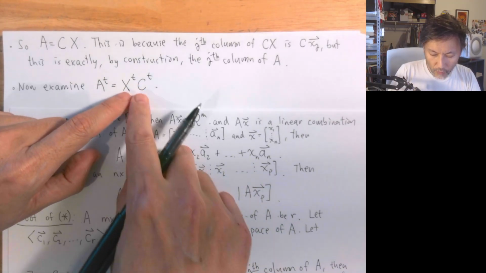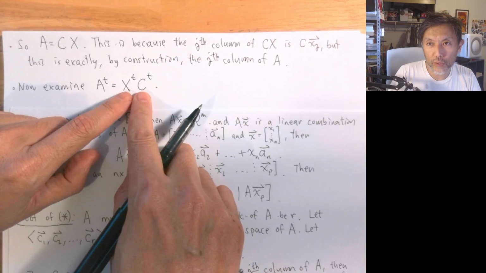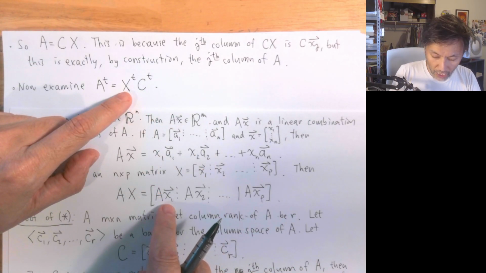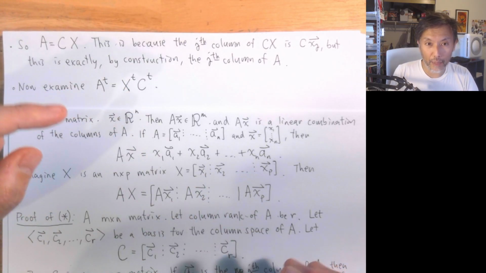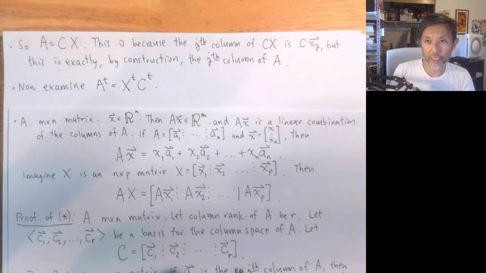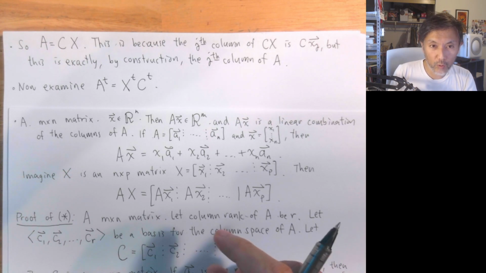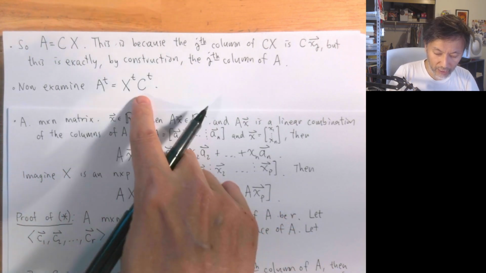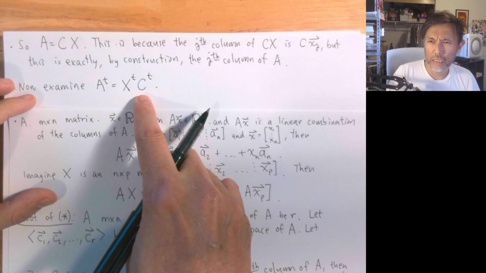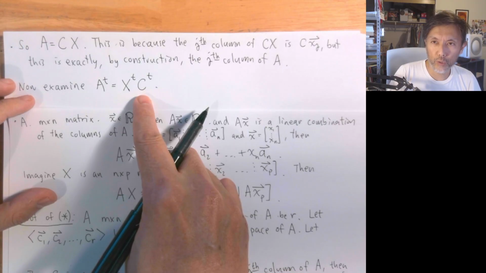The columns of X transpose C transpose are things of the form X transpose times some column vector. In fact, which column vector? A column vector in C transpose. Yes, all of those words are true.